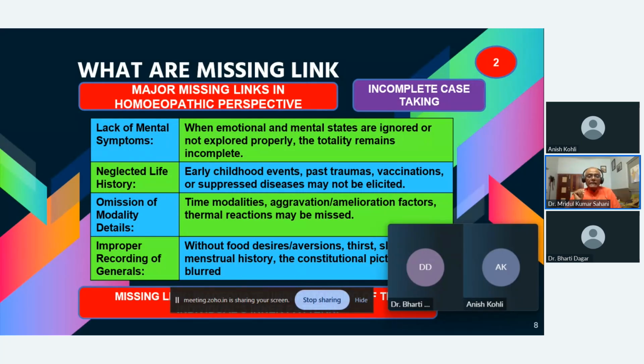Then neglecting the life history, early childhood, past trauma, vaccinations, or suppressed disease may not be elicited. Then omission of the modalities. How many types of modalities are there? The time modalities, aggravations and ameliorations, and the thermal reactions may be missed. Then improper recording of the generals, like food and desire for food, thirst, liking for air, the constitutional picture. So there are many areas where you can miss.